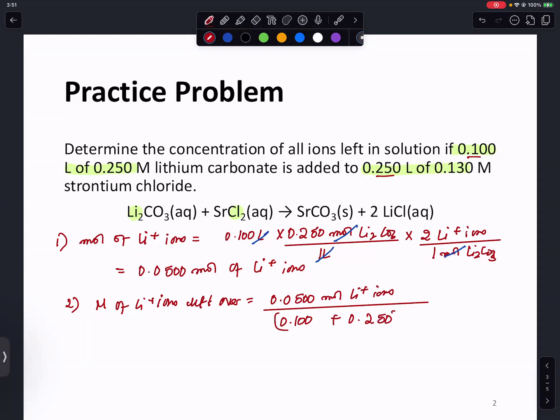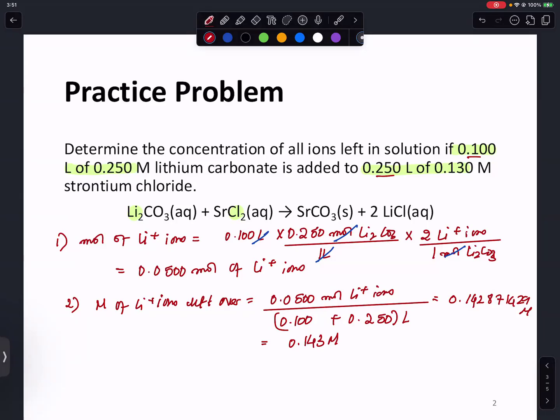In this case, I get 0.1428571429 molar, and I will go here by 3 sig figs, which is 0.143 molar. So I calculated the molarity of the lithium ions.